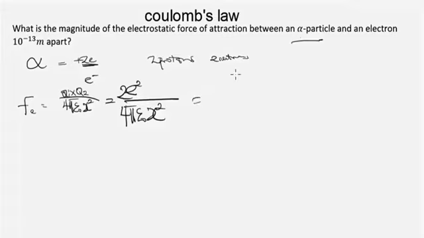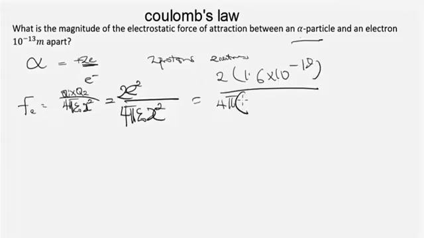Alright, so if we have 2e squared this way, the value now becomes 2 times 1.6 times 10 to the power of minus 19 over 4 pi times 8.85 times 10 to the power of minus 12, then times x squared, which is the distance between them, and that is 10 to the power of minus 13.